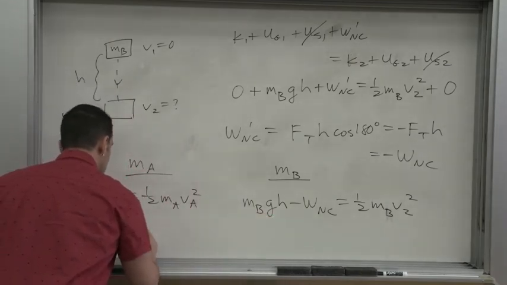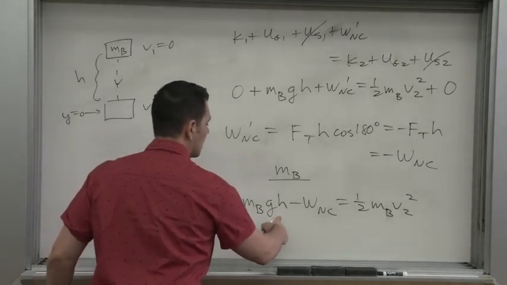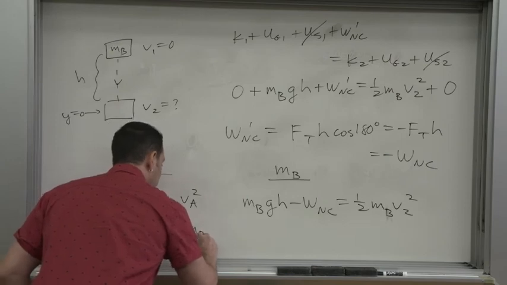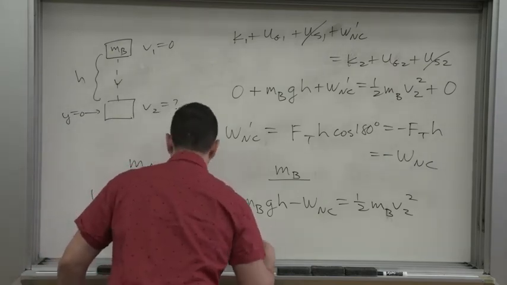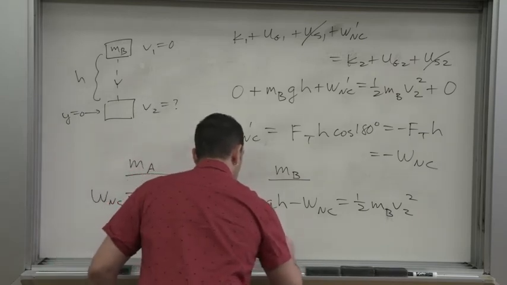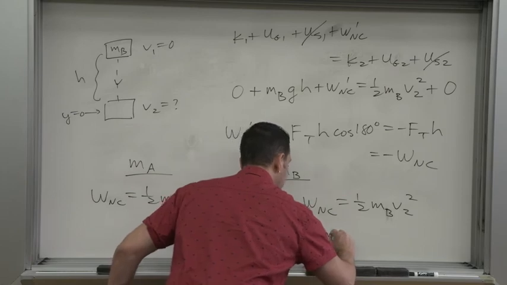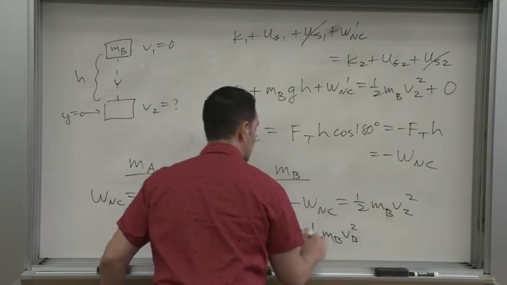We get WNC plus MB G H minus WNC. I get MB times G times H is equal to 1/2 MA VA squared plus 1/2 MB VB squared.